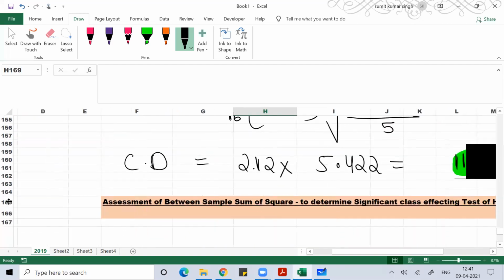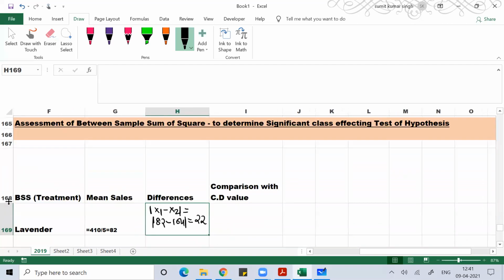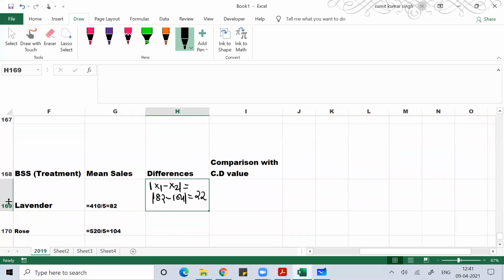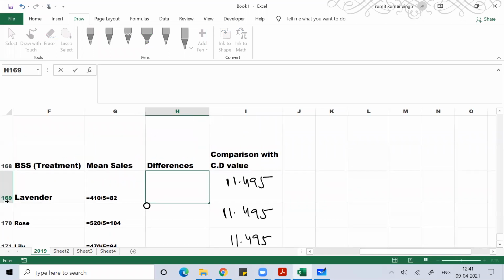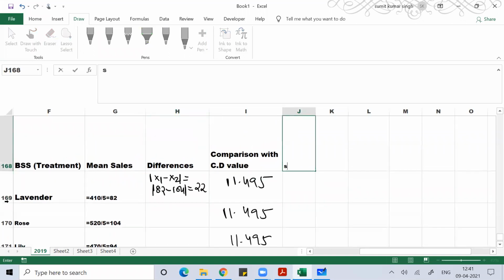How much is your critical difference value? It is 11.495. You compare with 11.495, the significant amount.